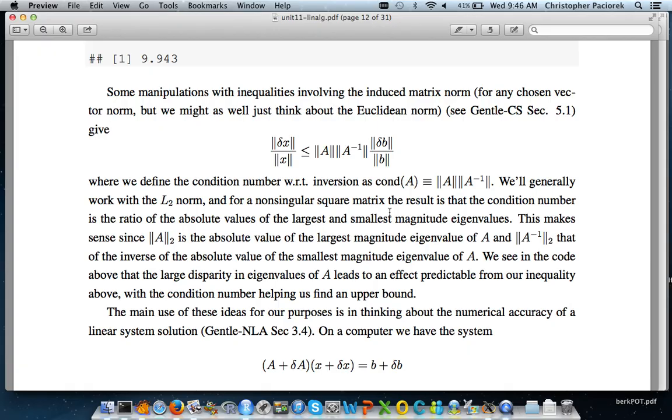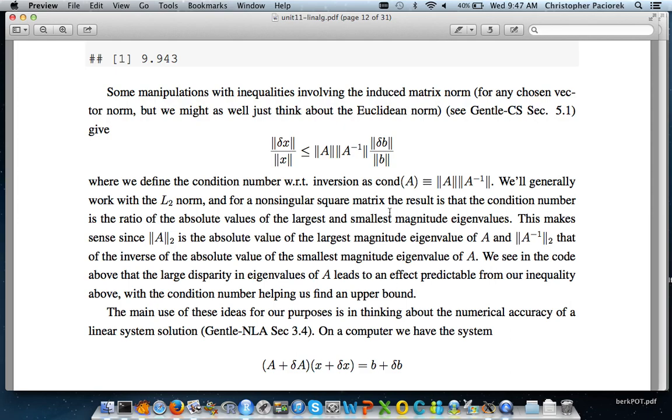Okay, so now I've got, I'm now going to do this as delta x, and I'm going to call this kappa of A, so that's going to be my condition number. And I had x plus delta x here.